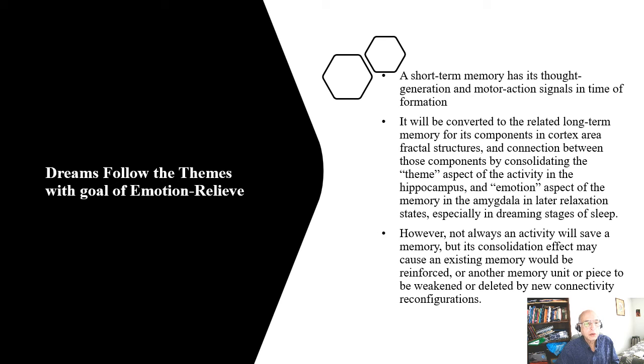The local memory units will be consolidated in deep sleep, and those that connect those memory units will happen in the REM stages of sleep, or dreaming stages of sleep.